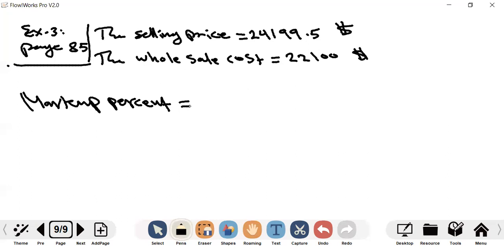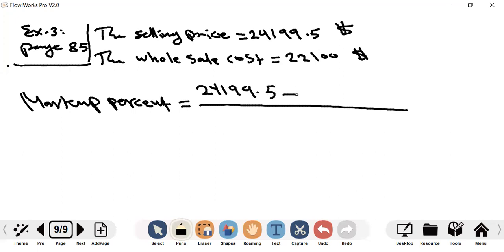So this is equal to 24,199.5 minus the original, 22,100, over the original, 22,100, and all of them multiplied by 100. This formula, we took it in the first lesson in this chapter, right? It was percent of increase or percent of decrease.